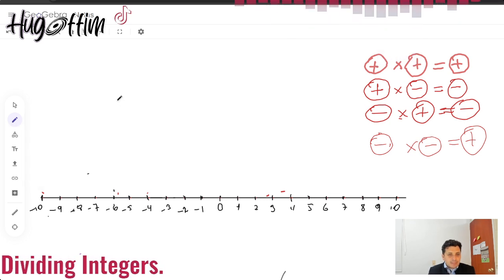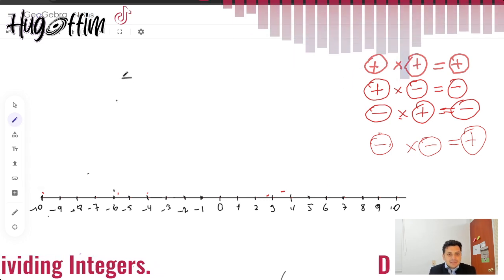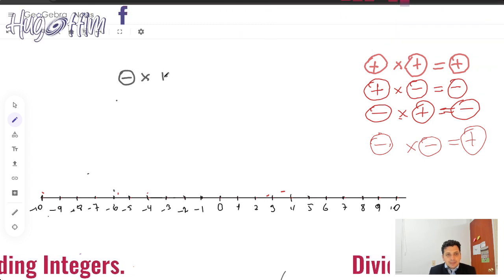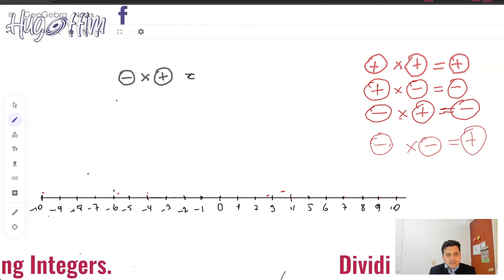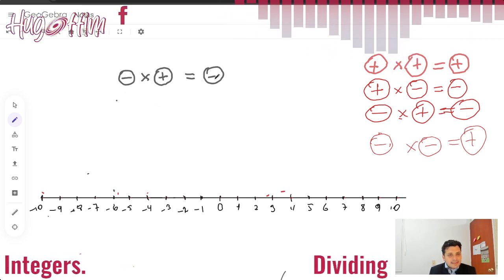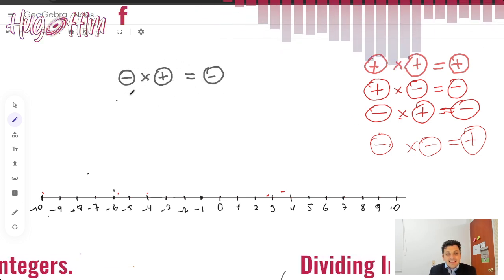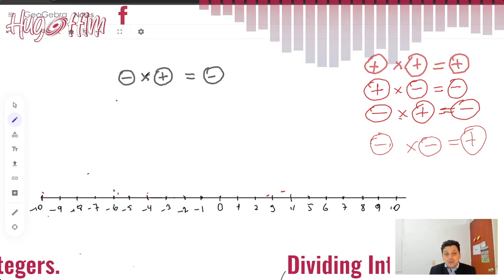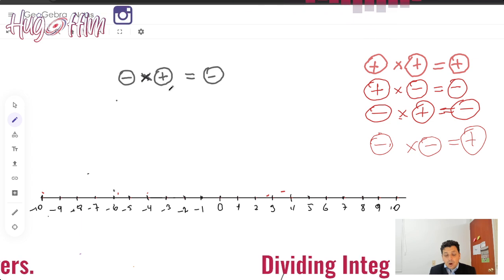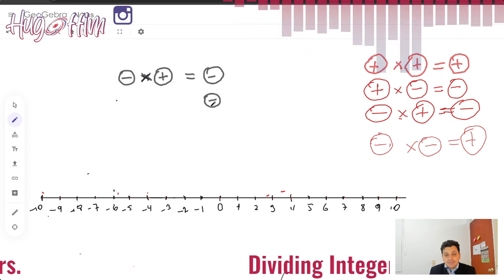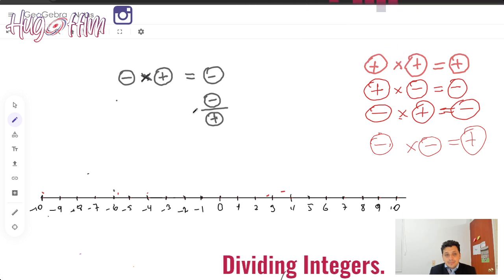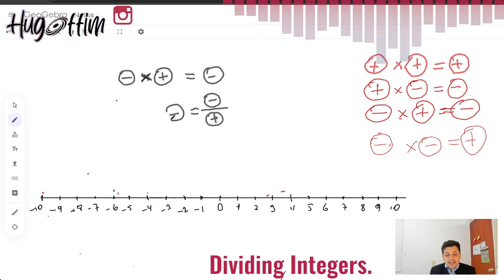Because, for example, let's say that I have a negative number times a positive number. I know that the answer is negative. But this multiplication implies that if I want to do the inverse operation, I mean the negative number divided by the positive number, the answer is negative.